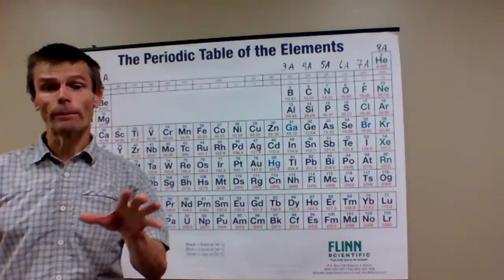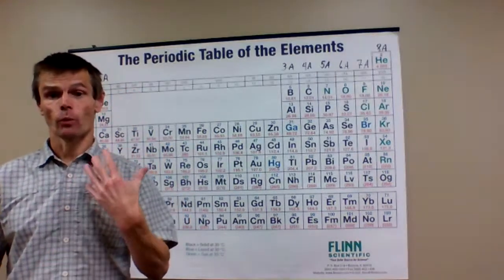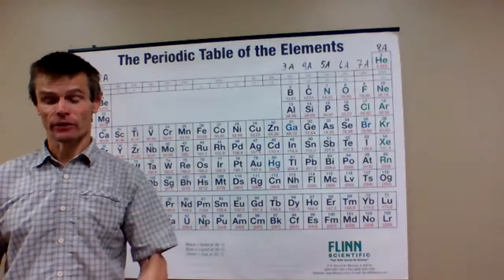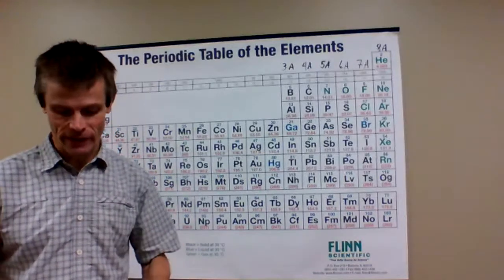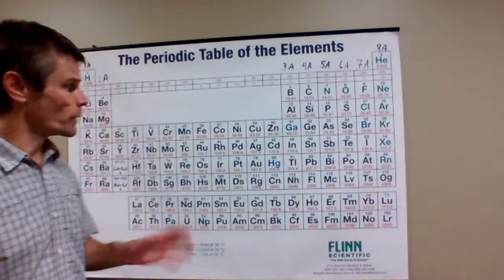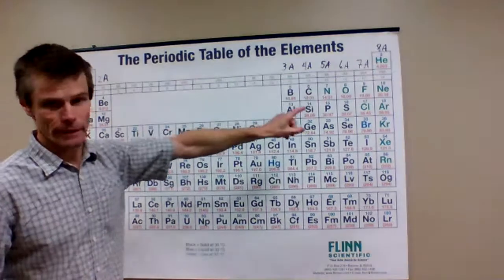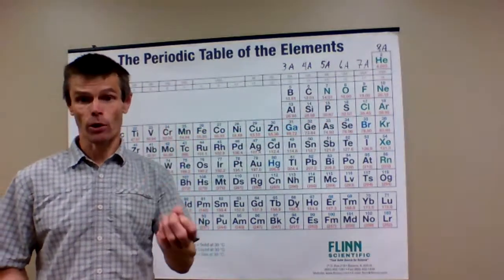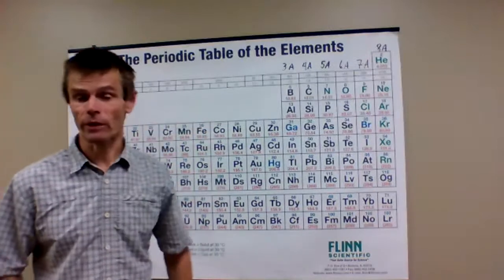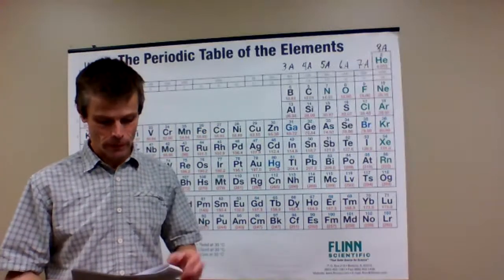We're going to learn more about what these periods are and what these numbers mean when we start to assign electron configurations. This will come into better understanding a little bit later. What we do need to recognize is that going across a period, we get a lot of variation in the chemical properties associated with the elements when we go from left to right. So that's real important.